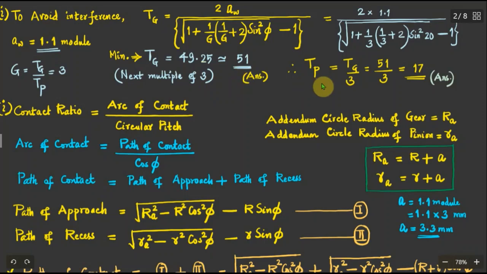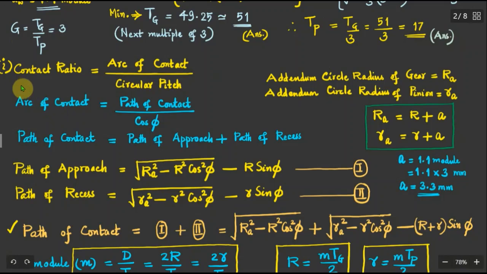So TP is equal to TG by 3, which is 51 by 3, that is 17. So the number of teeth on the gear to avoid interference is 51 and the number of teeth on the pinion to avoid interference is 17. So the first part of the question is over. Now we will try to find out the contact ratio, that is the second part of the question.